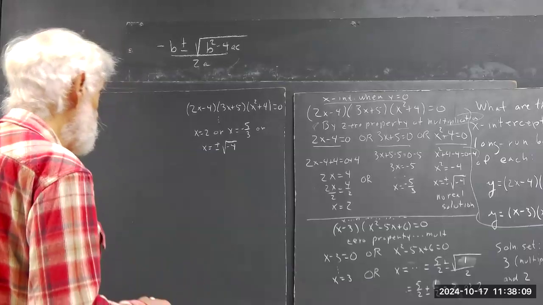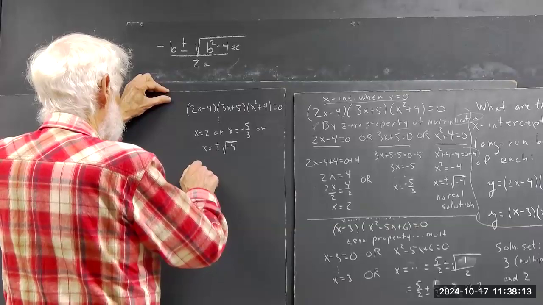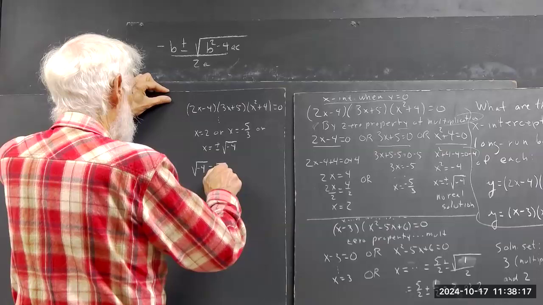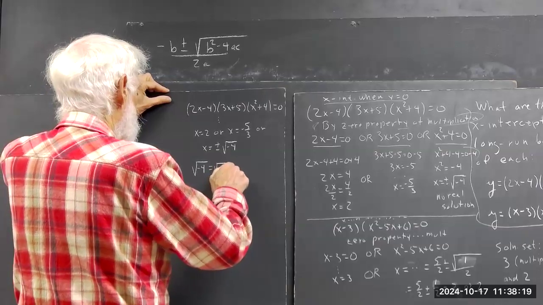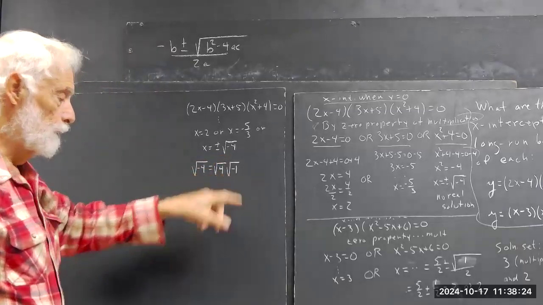Now, what do we do with the -4? -4 is 4 times -1.